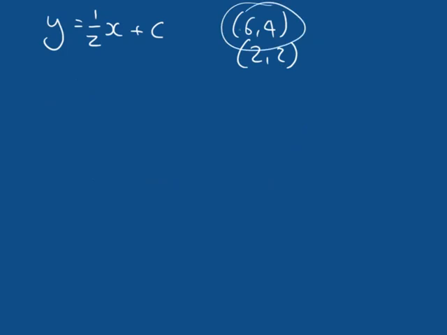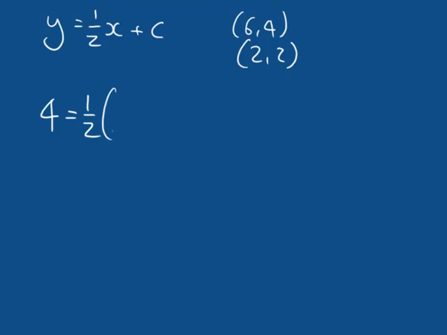Fantastic. So we saw that y is equal to a half x plus c, and we had 2 points on the line. We had the point 6, 4, and we had the point 2, 2. If I take one of these points and put that into the equation, we can see y is equal to a value of 4. So 4 is equal to a half, x is equal to the value of 6.